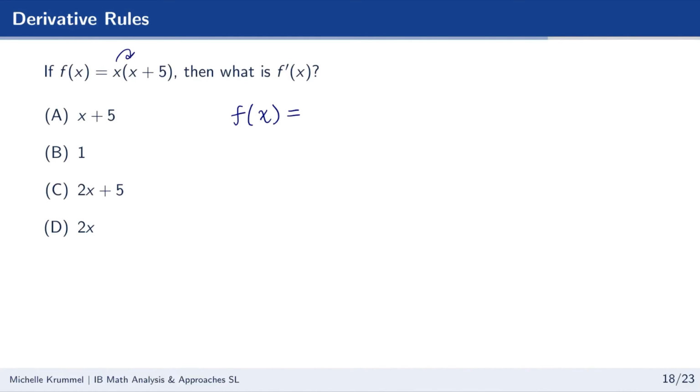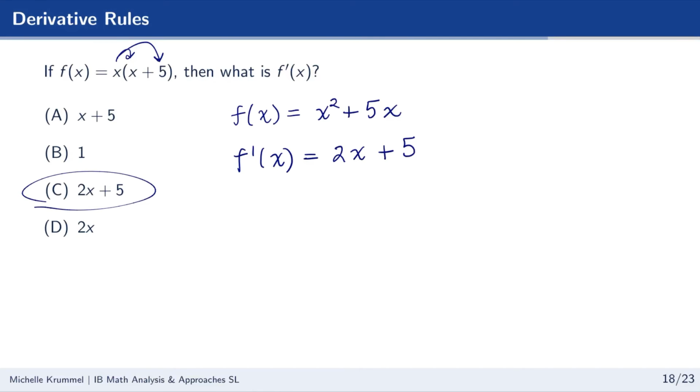So you can here distribute the x. f of x equals x squared plus 5x. And now we have derivative rules that we can use here. The derivative of x squared is 2x, and the derivative of 5x is 5. So 2x plus 5.